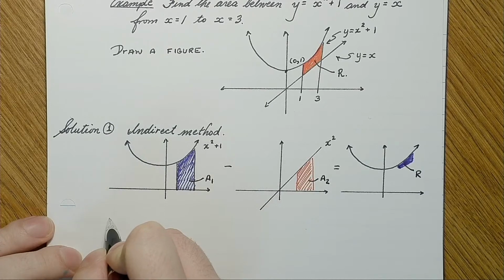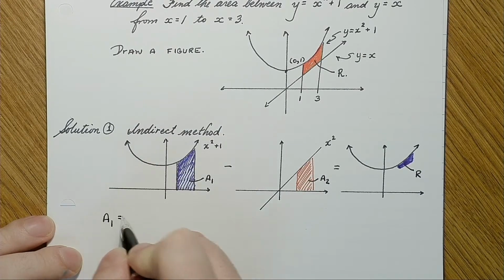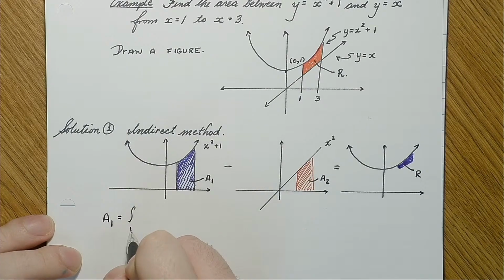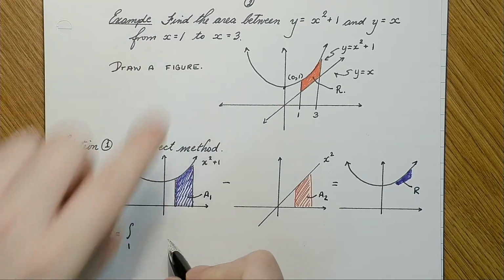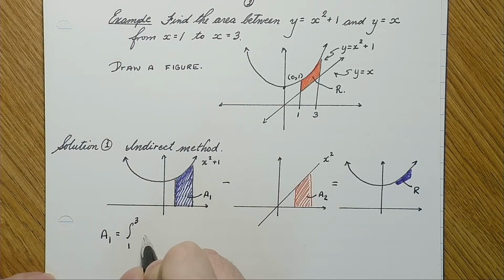So in this, I have A1. We're going to integrate from 1 to 3, because that's what we're asked, of this curve here, x squared plus 1 dx.